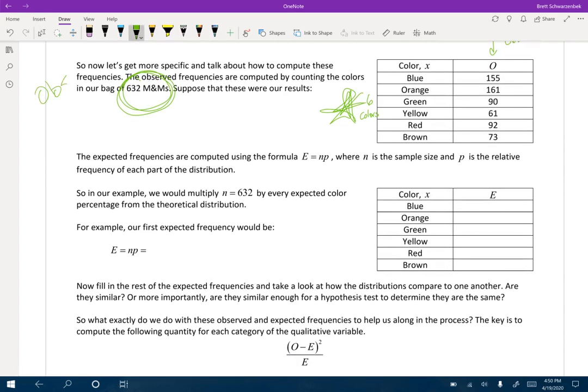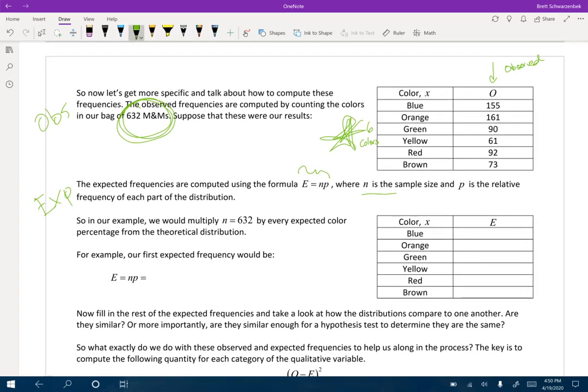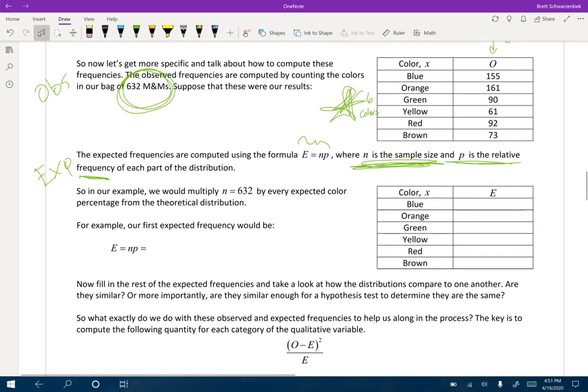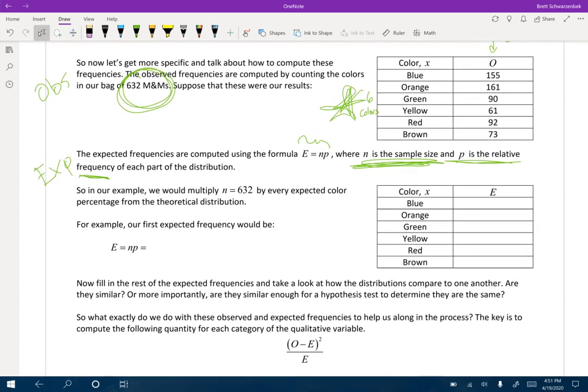So what about the expected part? Expected frequencies in a chi-squared goodness of fit test are calculated by the formula capital E equals N times P. N represents the complete sample size, and P represents the relative frequency of the expected distribution. First of all, what is N?